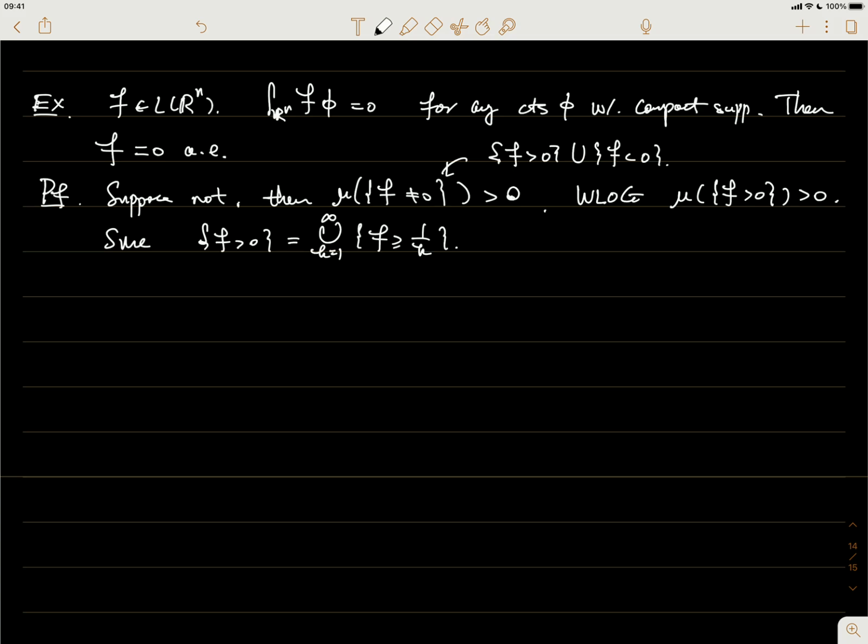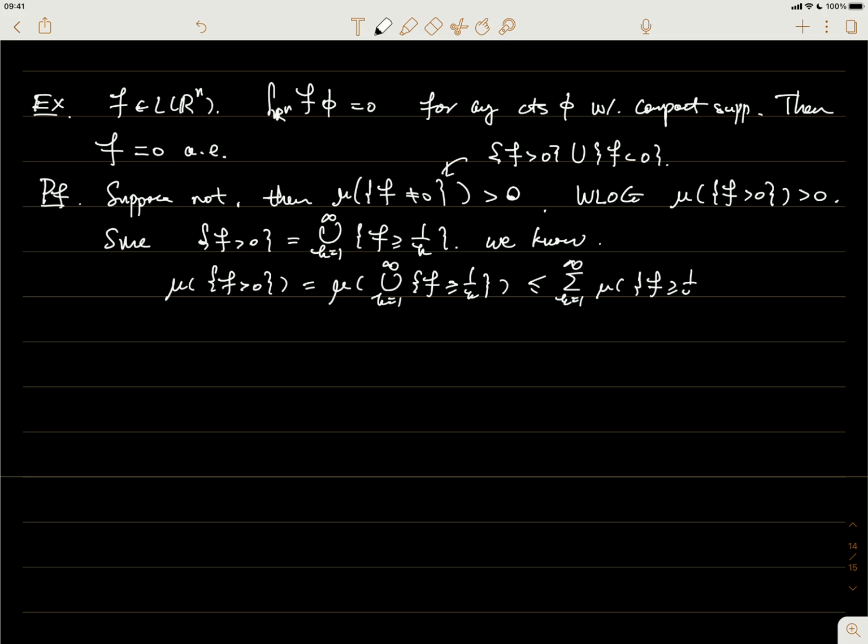Because of this, we know the measure of this left set is equal to the measure of the union of these sets, and the right hand side is bounded by the sum, because of the subadditivity of measures. We don't know if these sets overlap or not, so we only have less than or equal to, and that's what happens on this side. And on the left hand side, we know this is a positive measure, so it's greater than 0.